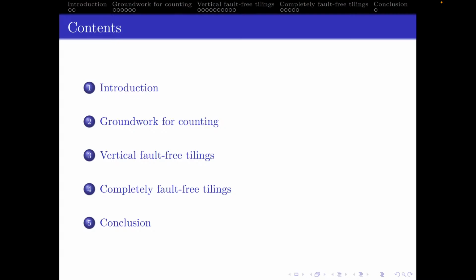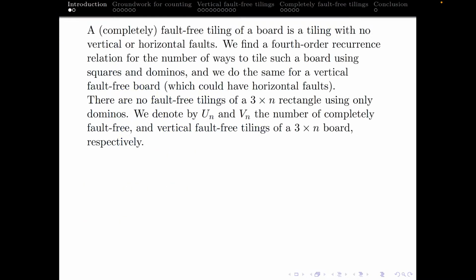So that is it. Getting started, first of all, to get everyone on the same page, a completely fault-free tiling of a board is a tiling with no vertical or horizontal faults, and so it is something which can, let's say, look like this.